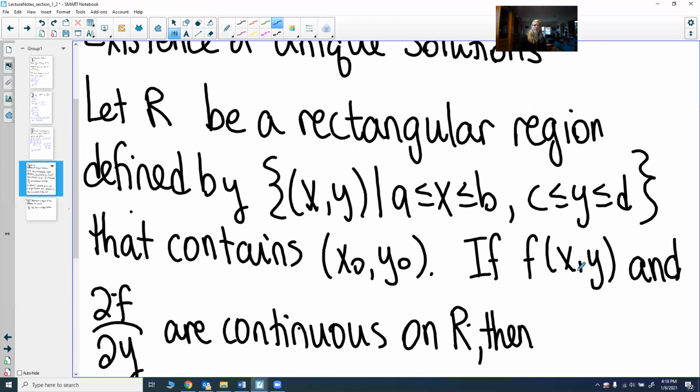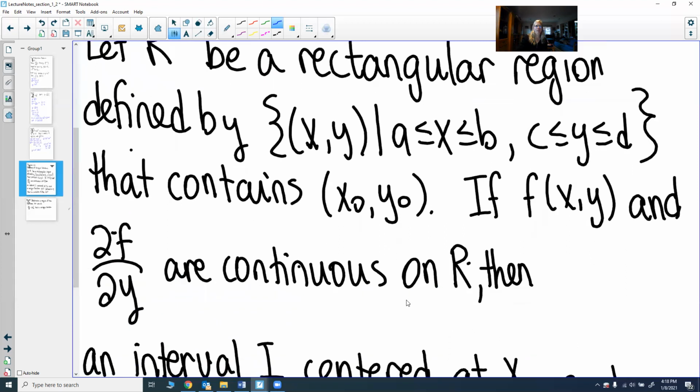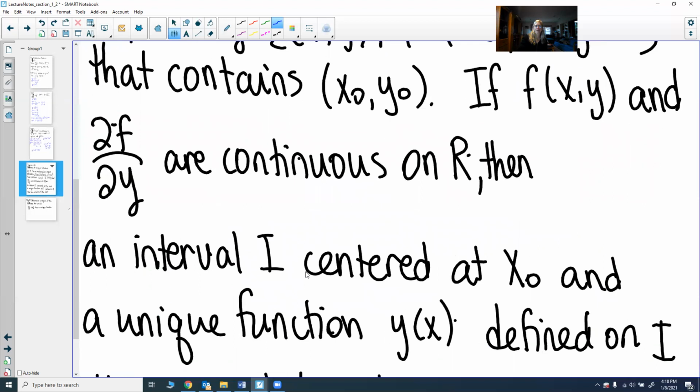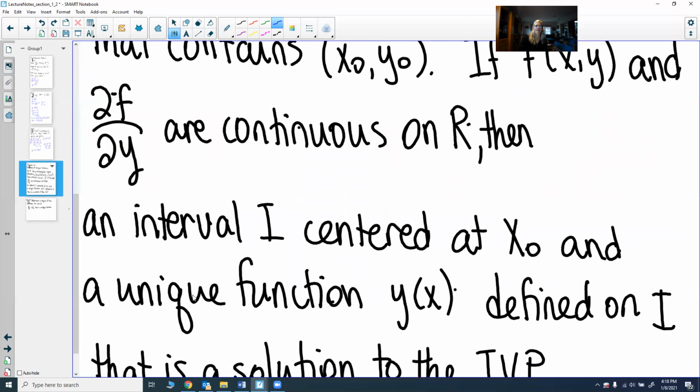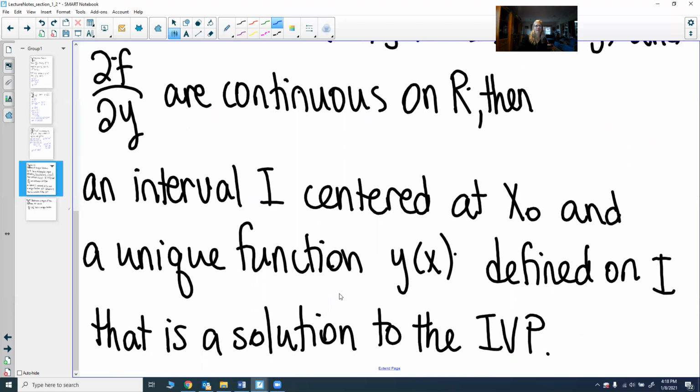And if that f and the partial derivative of f with respect to y are continuous on R, then there is an interval I centered at x0, and it has a unique function y of x defined on I that is the solution to the initial value problem.